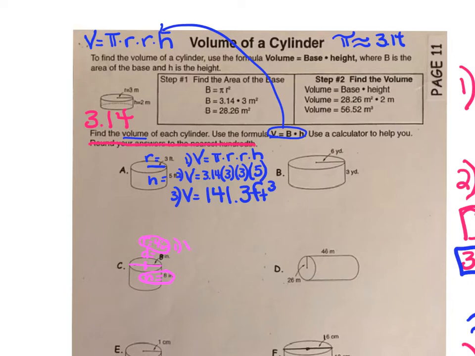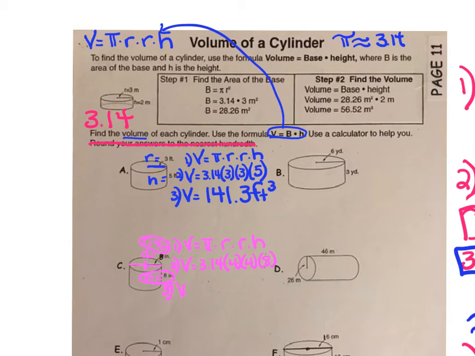Step 1. Always jot down the formula. Volume equals pi times r times r times h. Step 2. Substitute. V equals 3.14 times 4 times 4 times 8.